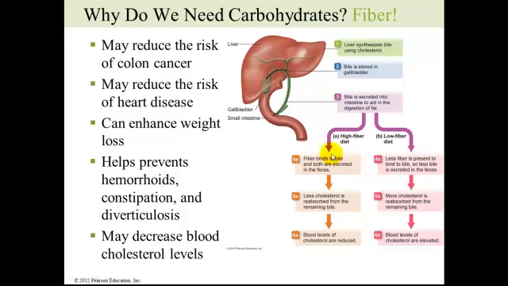What that means is some of the bile has cholesterol still associated with it. So that's going to pass out of the body without that cholesterol being taken in. So some of the cholesterol that's being brought into the body is going to be expelled.